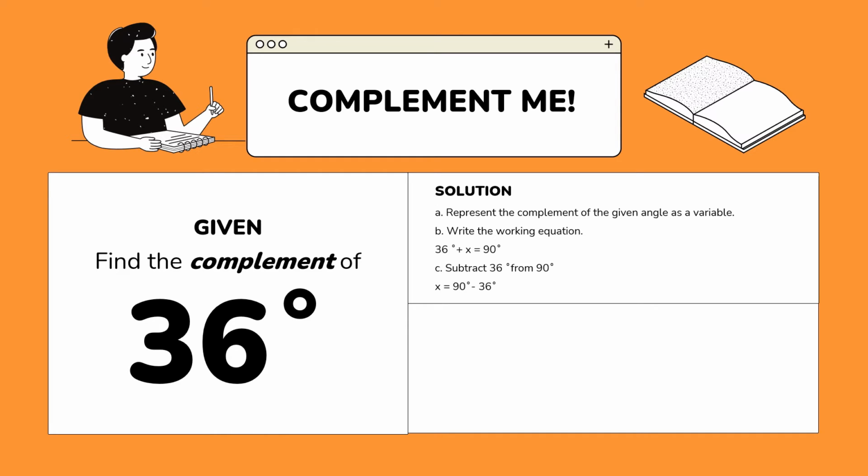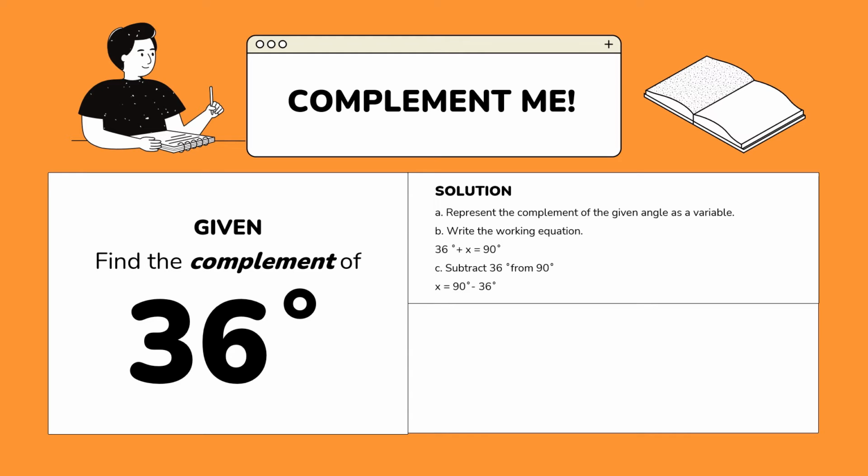The solution for this: represent the complement of the given angle as a variable, then write the working equation, which is 36 degrees plus x is equal to 90. Okay? X represents the measure of the complement. Next, we're going to subtract 36 from 90. Now, why 90?